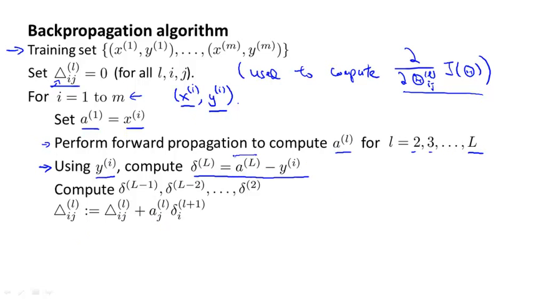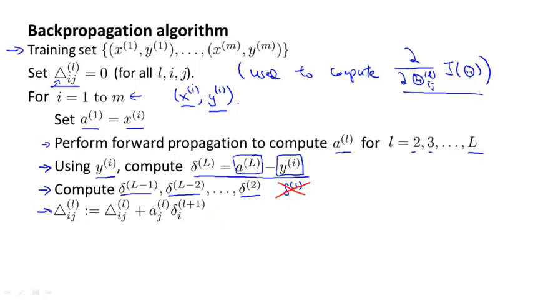So delta L is what the hypothesis output minus what the target label was. Then we're going to use the backpropagation algorithm to compute delta L minus 1, delta L minus 2, and so on down to delta 2. Once again, there is no delta 1 because we don't associate an error term with the input layer.